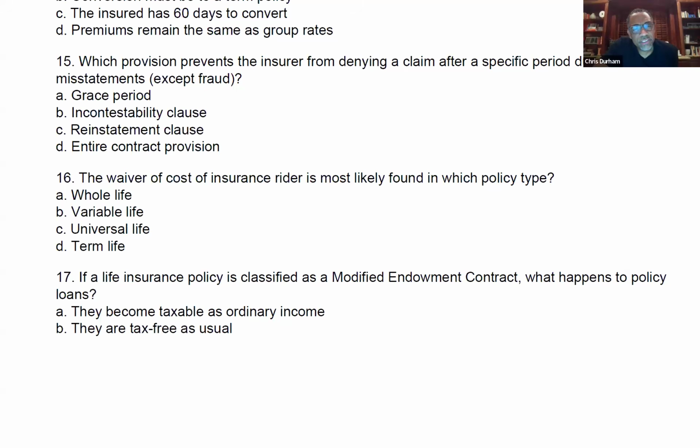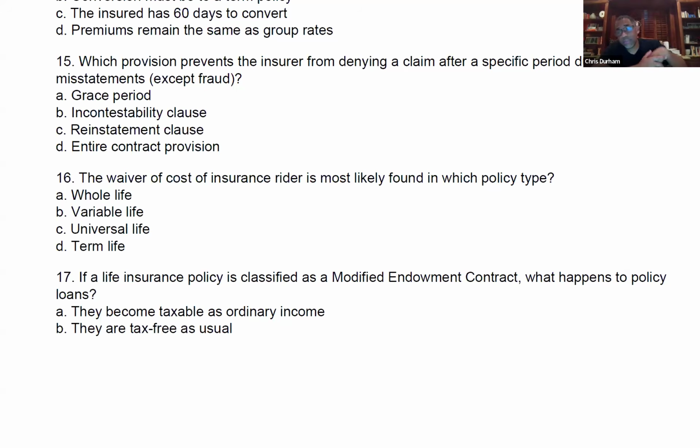Waiver of premium is if you become disabled, you don't have to pay your premium no more. Waiver of cost of insurance rider must be the same thing, but specific to universal life. Universal life insurance has two components, the insurance and the cash value. The cost of insurance goes up inside the policy.